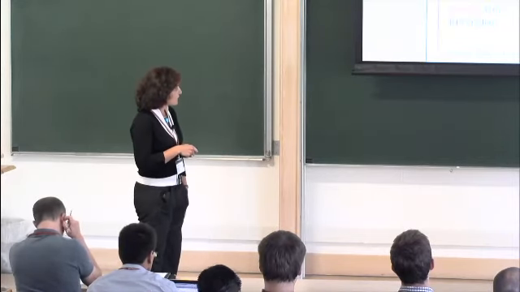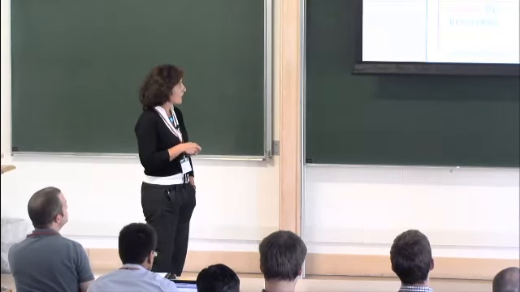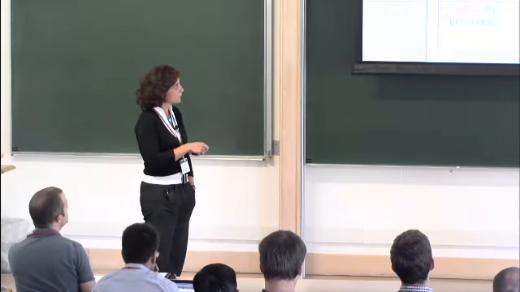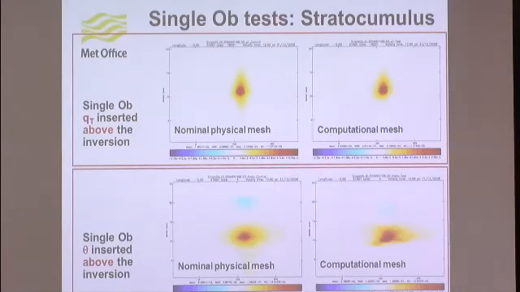And here as well, if you put a potential temperature observation above the inversion, the nominal background error covariance matrix would like to spread it quite widely, horizontally and vertically, up to the surface. Instead, using the adaptivity, we don't have that spreading down to the surface, but the error correlation is stronger just where the cloud is or where the inversion is.